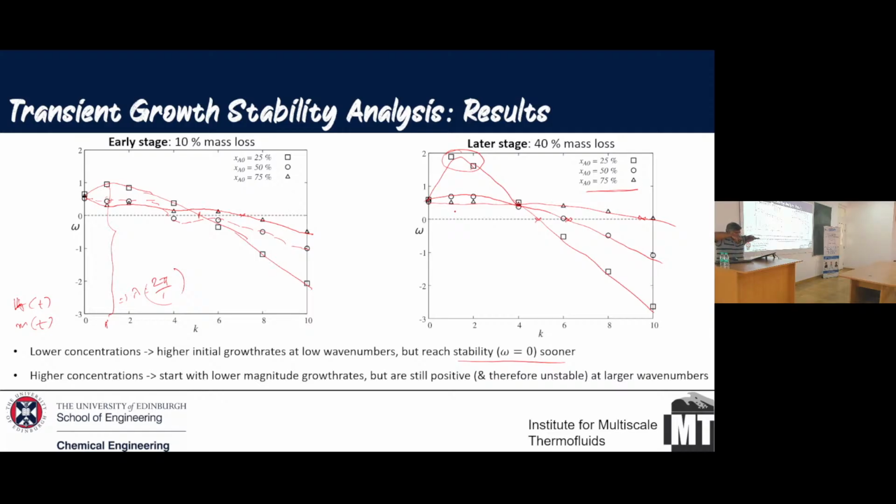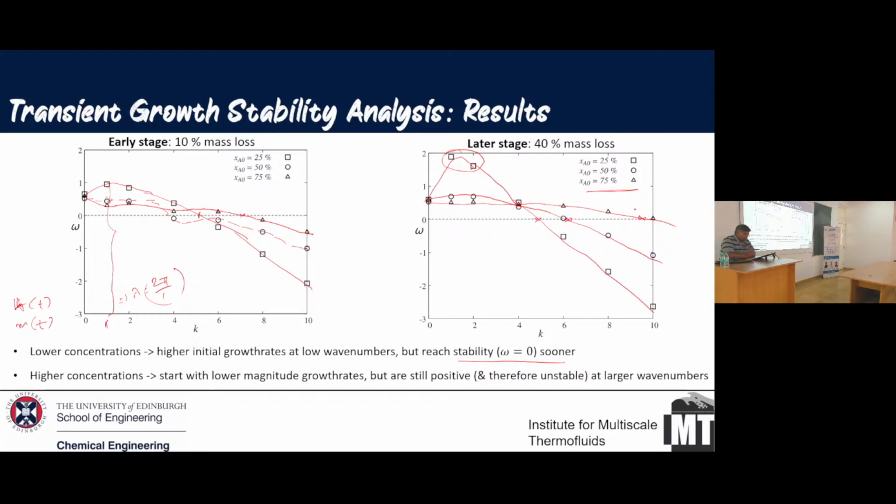They're slower and they remain for a long period of time. So you can imagine if you're developing a kind of pattern, it's probably best to have a high concentration alcohol mixture. You'll have more modes which are active, more modes competing with each other, and so on and so forth.